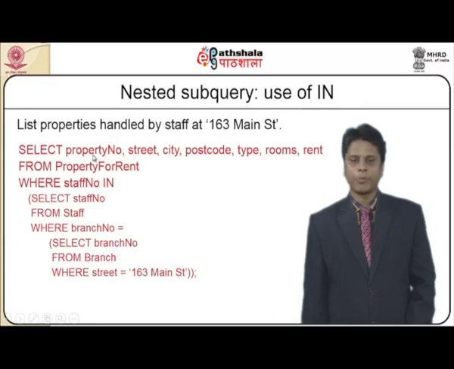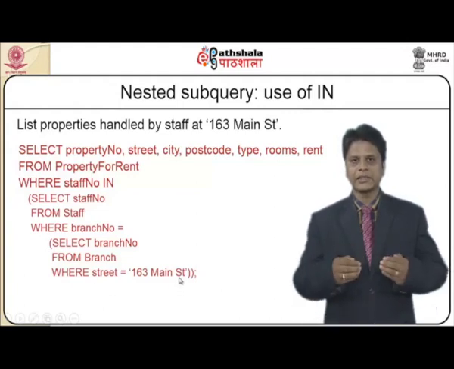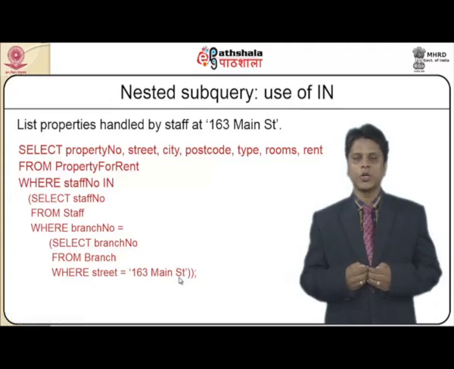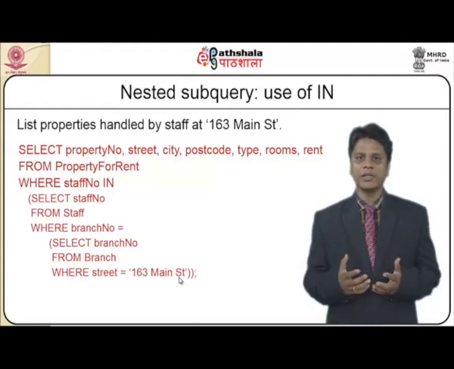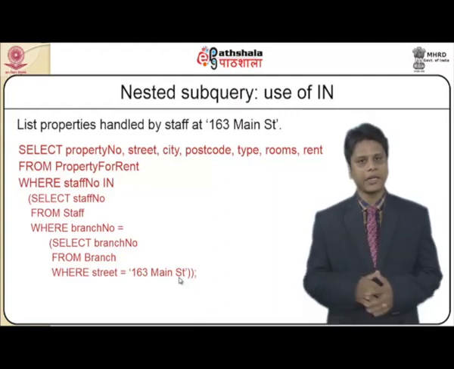Select property number, street, city, postal code, type, room, rent from the property for rent table, where staff number should be in, select staff number from staff where branch number is equal to, select branch number from branch where street is equal to this. So why should we use so many subqueries? To avoid much of the complexity of unknowingly typing some value which we may have to represent exactly.